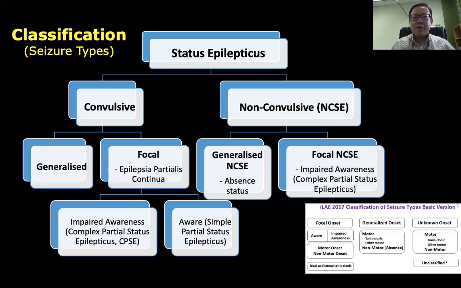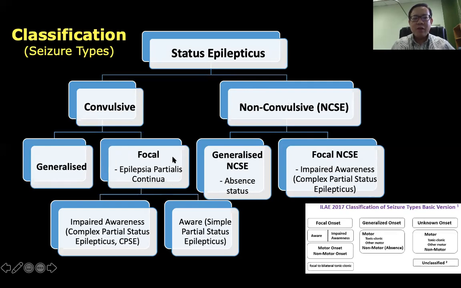So these are the classifications of status. We use a similar ILAE seizure types classification. As you can see, we can divide them into either convulsive or non-convulsive. And afterwards, we divide them into generalized or focal in the convulsive group, or generalized or focal in the non-convulsive group.